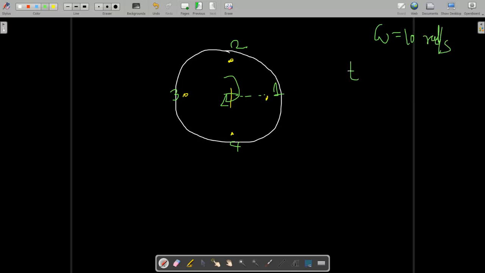At time t equal to 0, before starting, they are in this position. Now after, let us say, 10 seconds, the masses are at different angles because it is rotating in the anti-clockwise direction. So the new positions are 1 dash, 2 dash, 3 dash, and 4 dash.